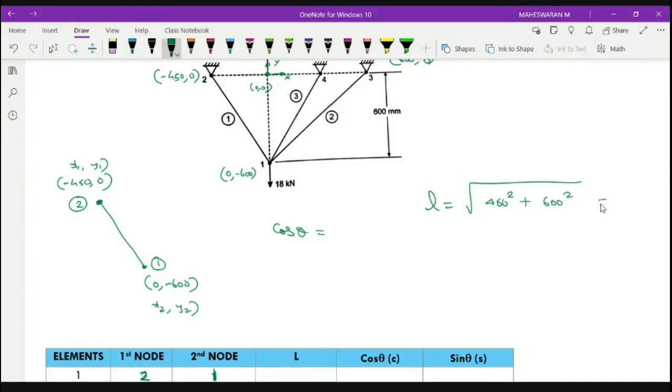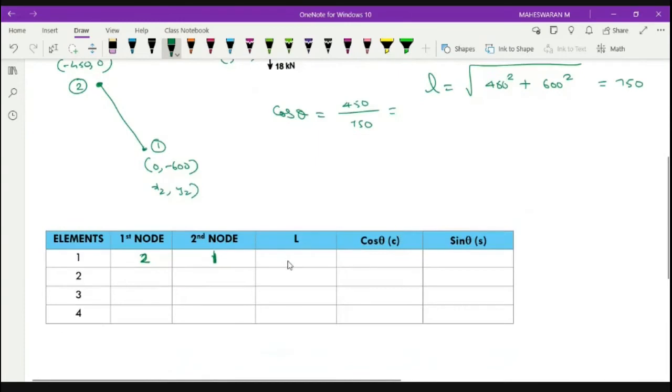So what is the value of L? We are getting 750. So cos theta is x2 minus x1 divided by L, so 0 minus of minus 450, which is 450 divided by 750. What is 450 divided by 750? 0.6. So L is 750 and cos theta is 0.6. If this is 0.6, surely the other will be 0.8.